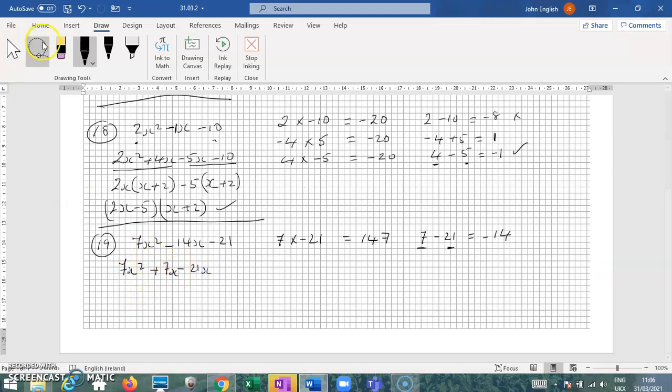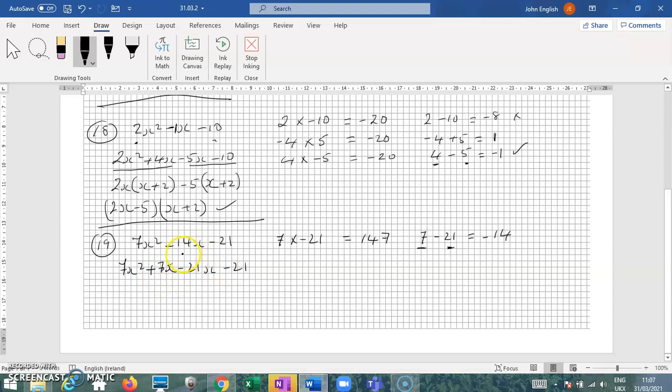Just to be clear there, I'll just go back and do that again. Sorry about that. I lost my train. So we're just going to rewrite the expression using the numbers that we got over here. So 7x squared plus 7x minus 21x and minus 21.